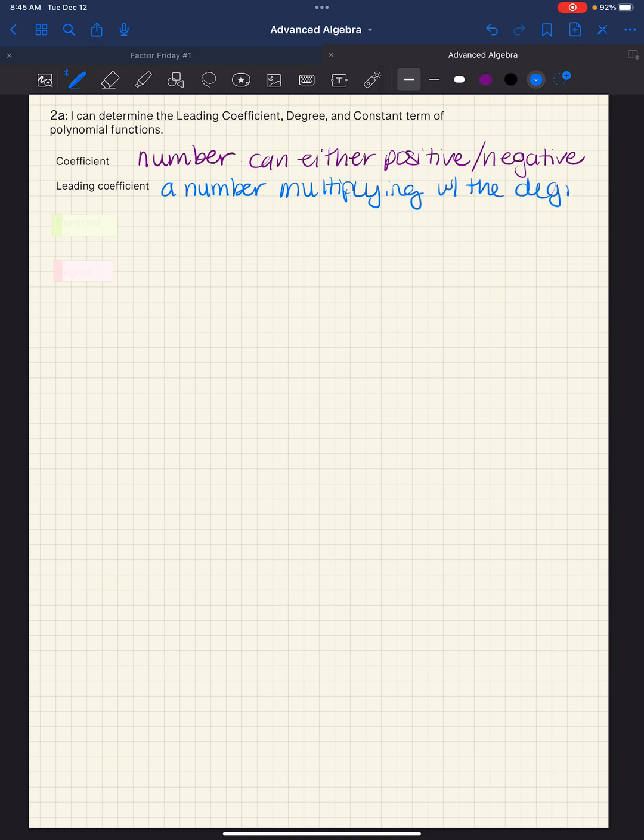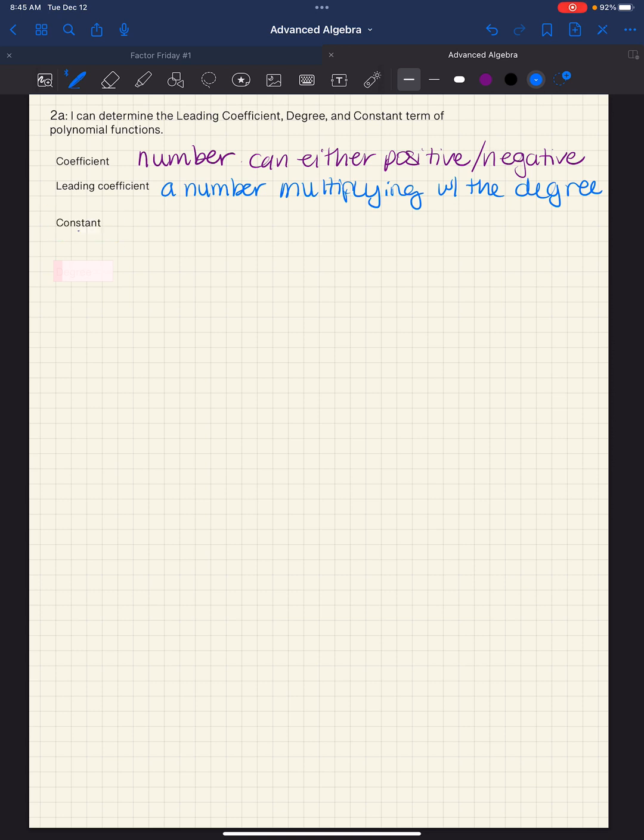And again, it cannot be zero, because if it's a zero, it goes away, because 0 times anything is 0. It can be positive or negative. And I would say that the negative is the emphasis of this video, because students would get the correct absolute value of a number, but they would not write negative, and that would be incorrect. You don't really want to ever have negative money, so it's a good way to remember it that way.